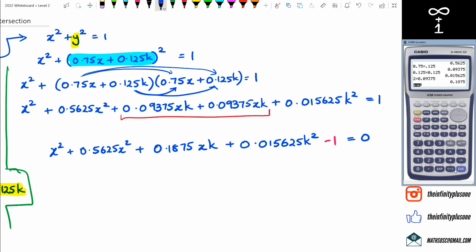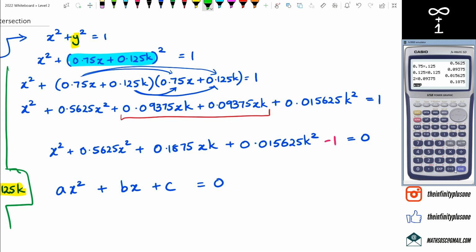Cool. Now this is the ugly equation that we're going to work out the discriminant from. Remember, your quadratic equation is ax squared plus bx plus c equals 0. Once we get from there, we have to get the a, b, c. Then we can actually apply the discriminant formula and work it out.